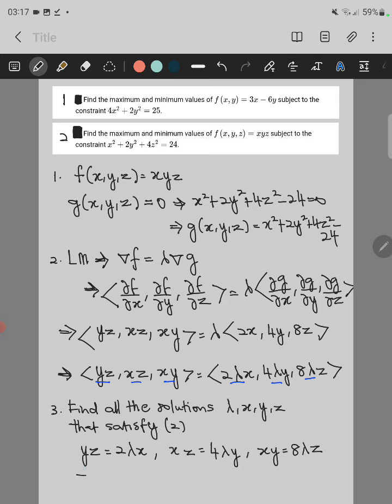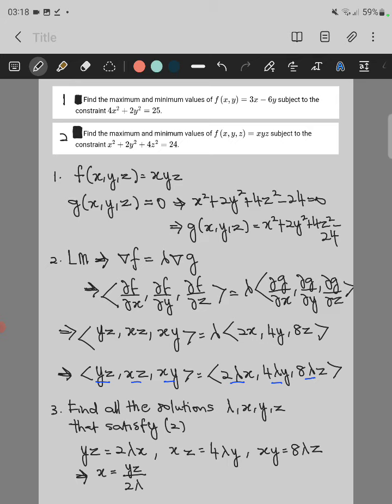We can solve for x here: x equals yz over 2 lambda.